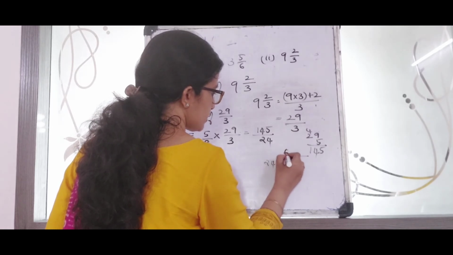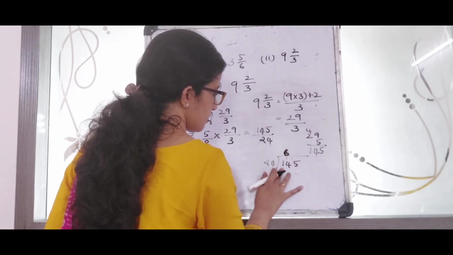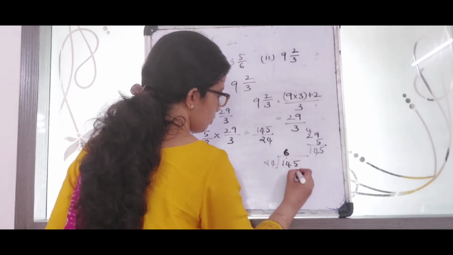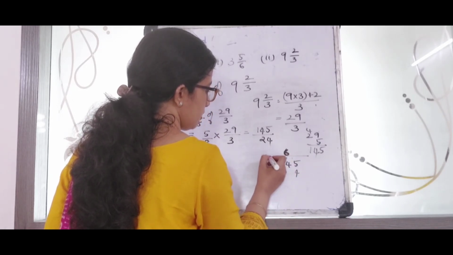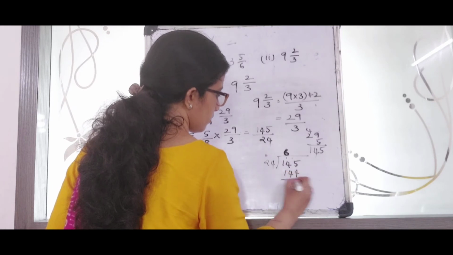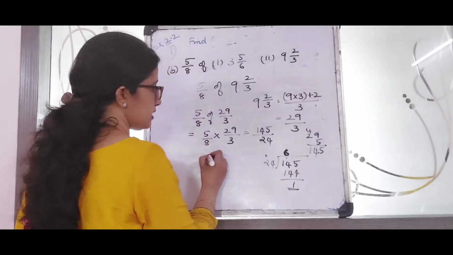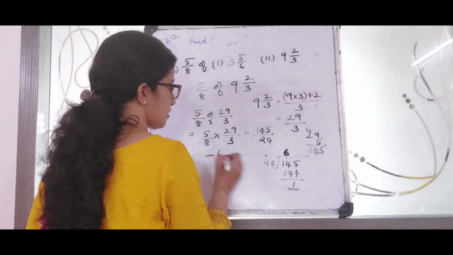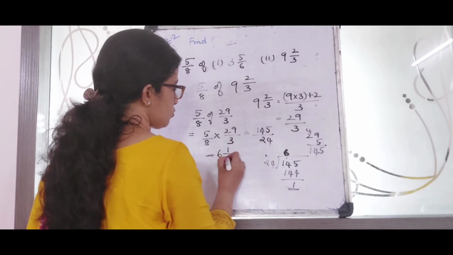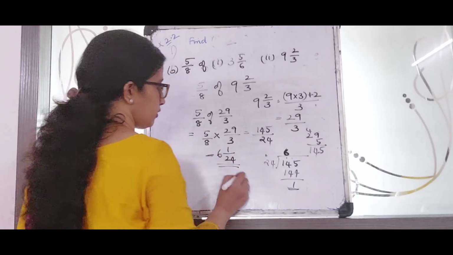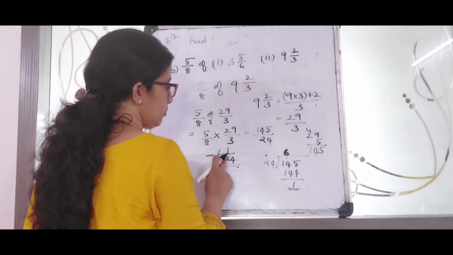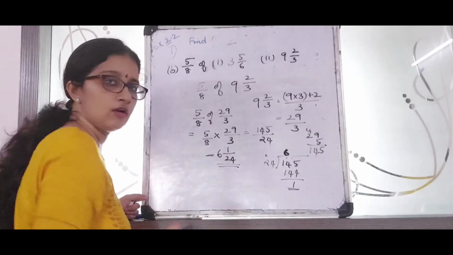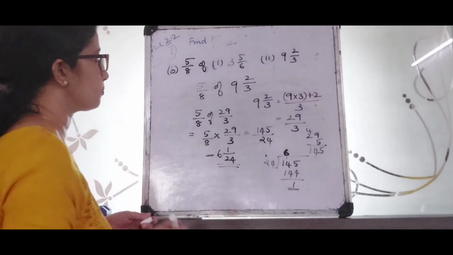So if we put 6, 6 4s are 24, 6 2s are 12, 12 plus 2 is 14. So the answer is 6 1 by 24. The quotient is 6, the remainder is 1, by the divisor 24. So 6 1 by 24.